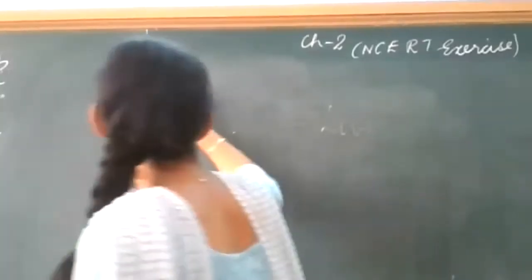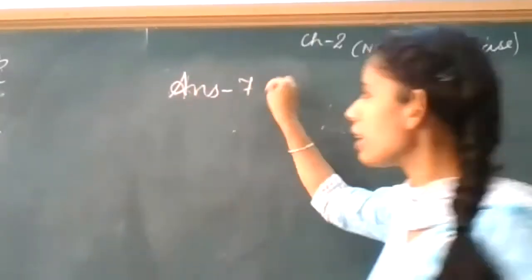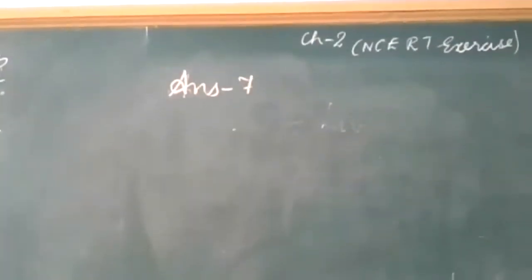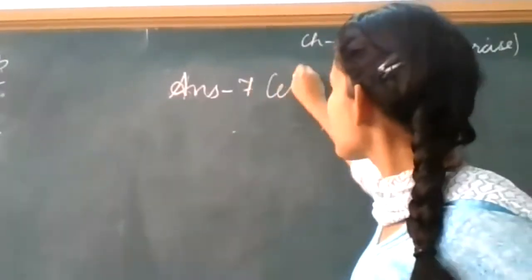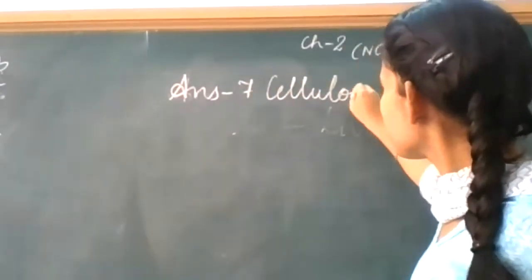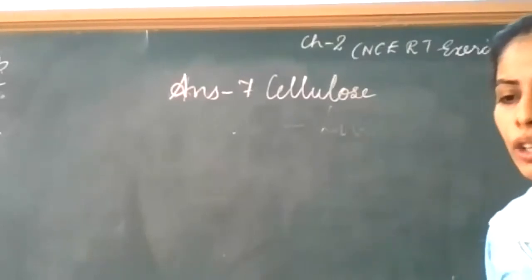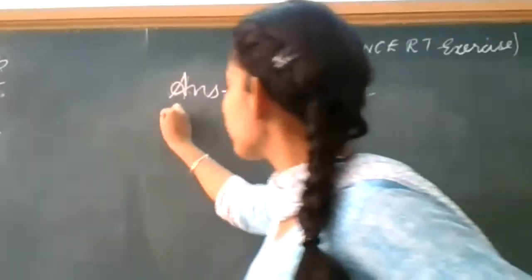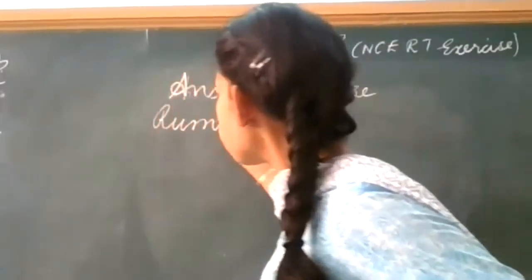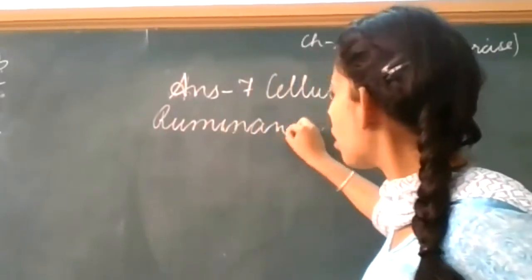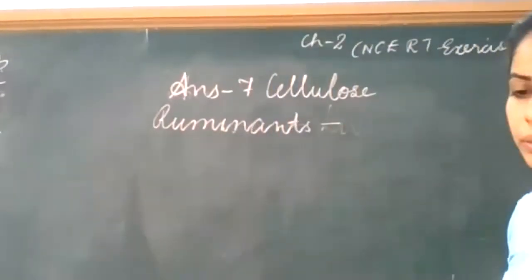Answer is right. So how will you write this? Firstly you will write the name of the carbohydrate, that means cellulose. Clear? And then you will mention that the ruminants have a sac-like organ that is called rumen.